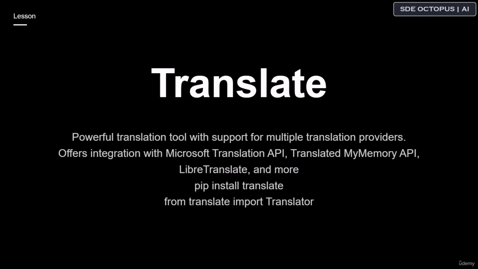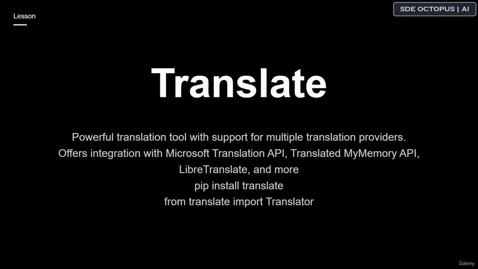You can import it, or you can import modules or functions from that module. We are gonna import translator from that module called translate, or that library called translate, using this statement: from translate import translator, and I'll show you that practically.